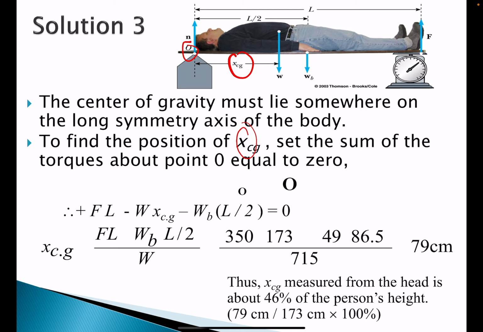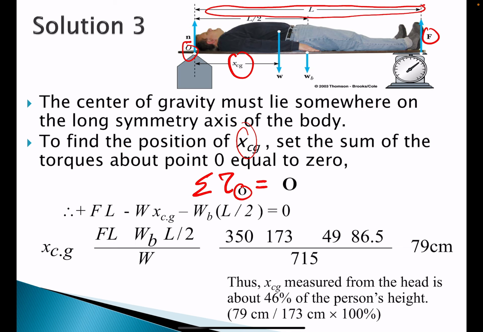So sigma torque equals 0 about point O. You apply the formula: F times the distance L. Because the direction is upward, we take it as positive, and then we minus W, and the distance is this XCG, and then minus WB, and the distance is half of L, and it equals 0.